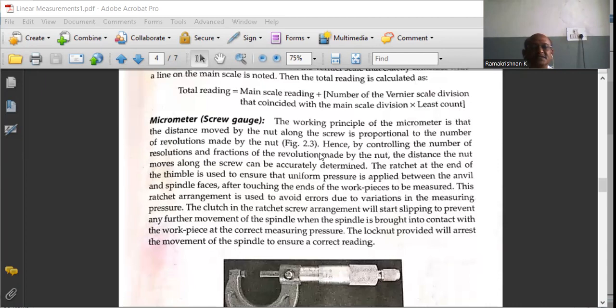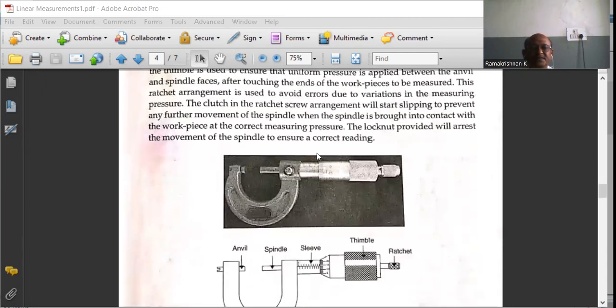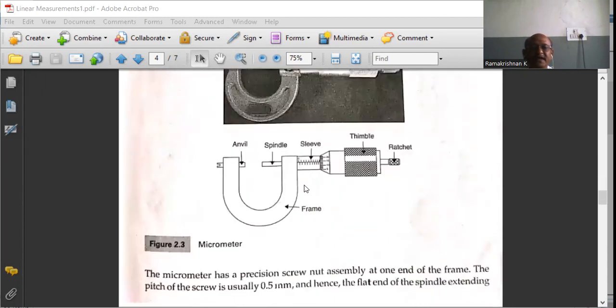Similarly, the screw gauge or micrometer, as you see in the photograph and the diagram, consists of a fixed frame in a U shape. At one end the anvil is fixed, and on the other side the barrel is attached. Inside the barrel or thimble, a screw rod is there, extended with a spindle.